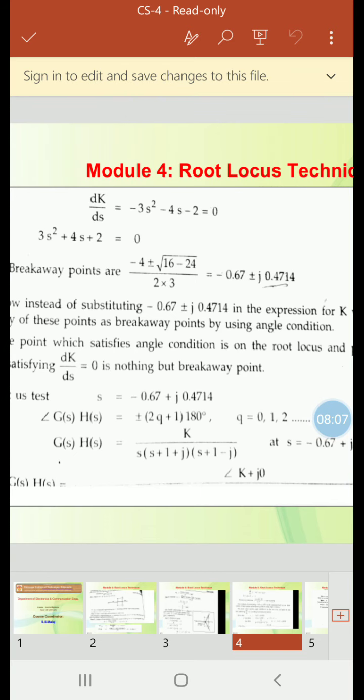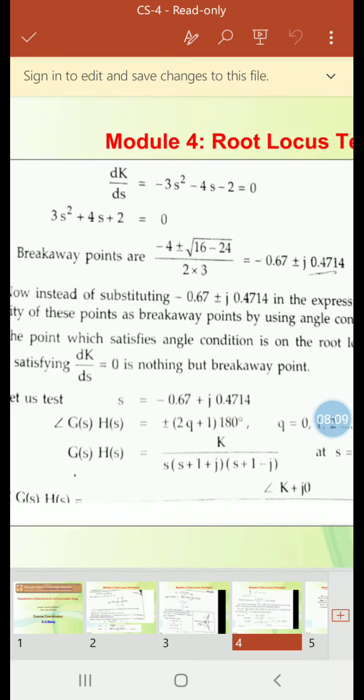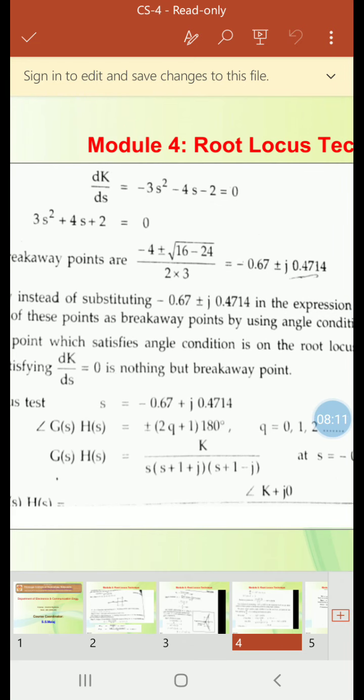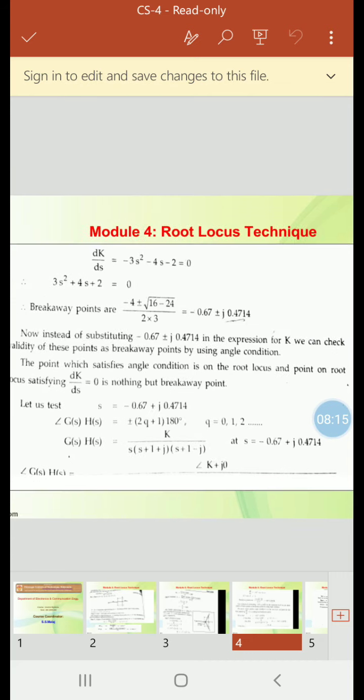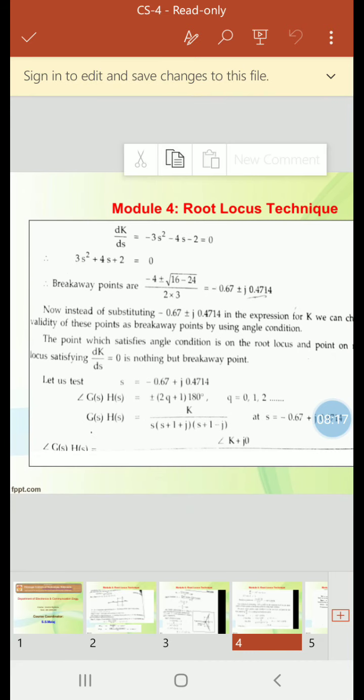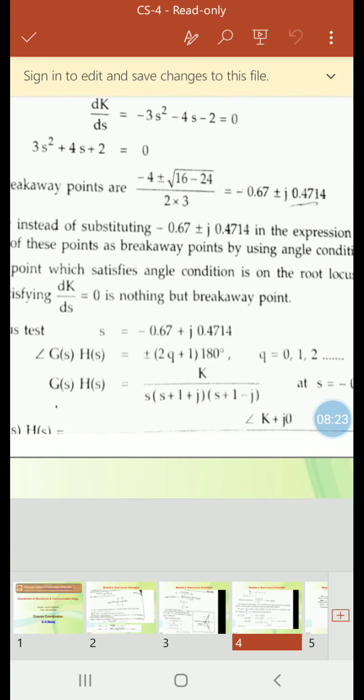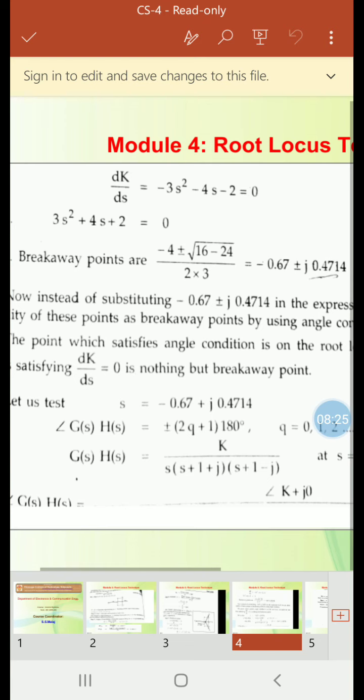The point which satisfies the angle condition is on the root locus, and a point on the root locus satisfying dK by ds equal to 0 is nothing but a breakaway point. So let us test s equal to minus 0.67 plus j 0.4714.